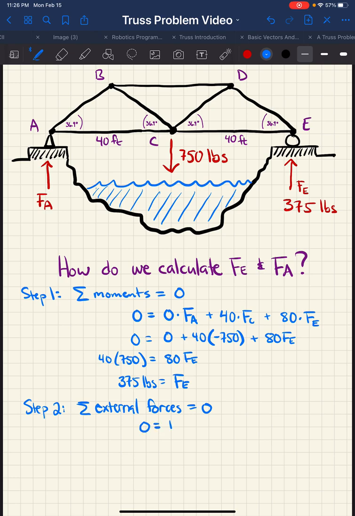We just get 0 equals FA plus FC plus FE, negative 750 again, negative because it's in the downward direction. That's all the negative means.